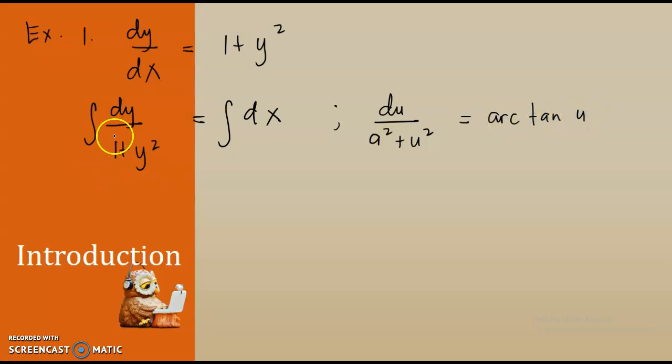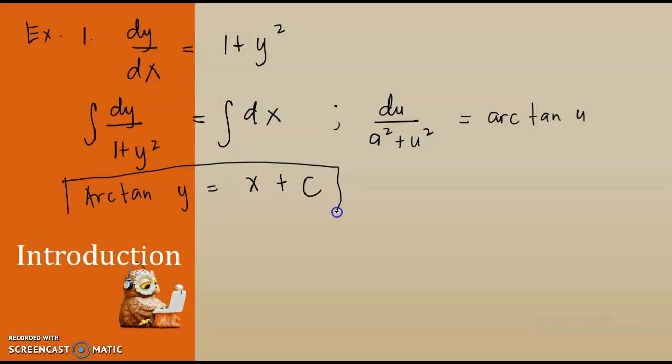Therefore, this one is arctan y equal to x plus c. Or this one is also y is equal to tangent of x plus c.